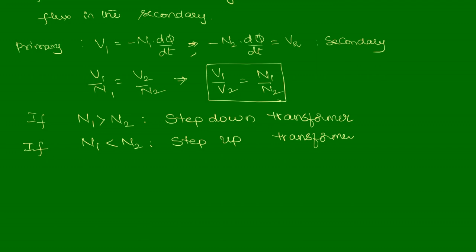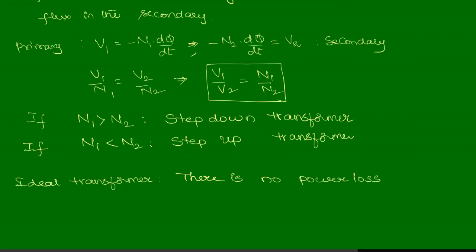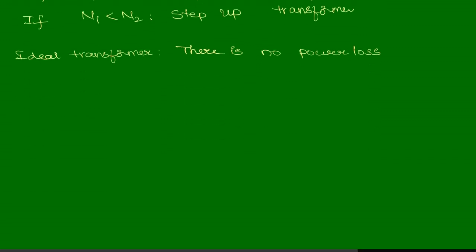For an ideal transformer, what is meant by an ideal transformer is that there is no power loss. If there is no power loss, the power in the output will be the same as the power in the input.